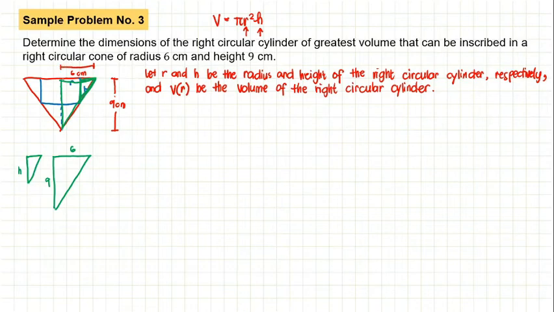Okay, and this is R, itong nandito. But we only need this length here. So therefore, we just deduct R from our 6, makukuha natin ito. So that will become 6 minus R. Okay? So from that, since we have two similar right triangles, we can do ratio and proportion.